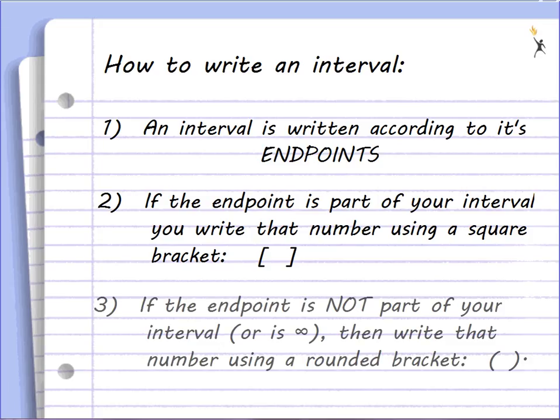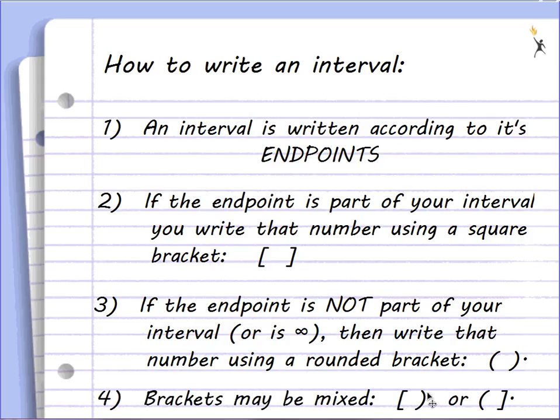If an endpoint is not part of our interval, or happens to be one of the infinities, since that's not an actual number, we use rounded brackets in our intervals. It is possible that intervals can have mixed brackets, where I have one square bracket and one round bracket.